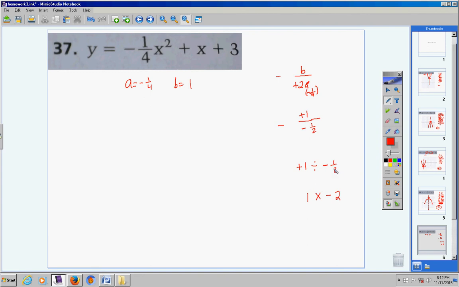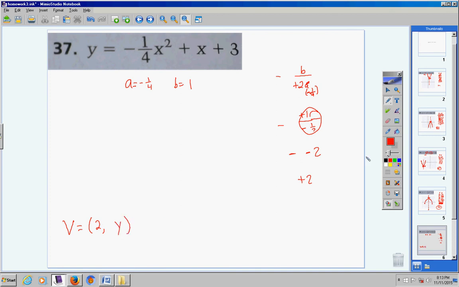If you flip 1/2, you get 2 over 1 or 2. So 1 times negative 2 is negative 2. So no matter what method you use, this entire fraction right here becomes what? Negative 2. But hold it, there's a negative sign here. So we really have negative 2, which is a positive 2. So half of my vertex is positive 2.